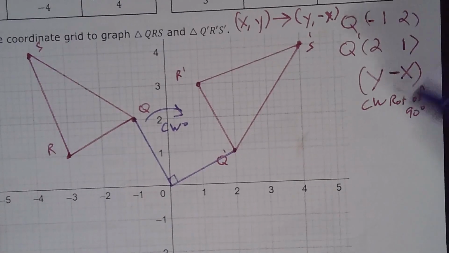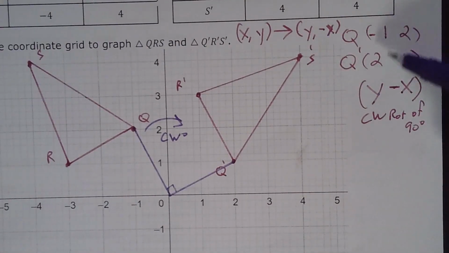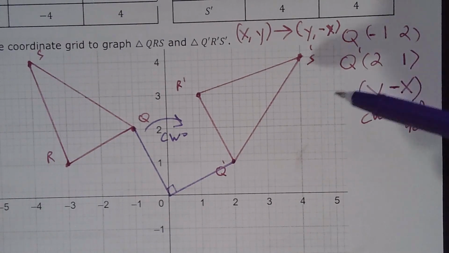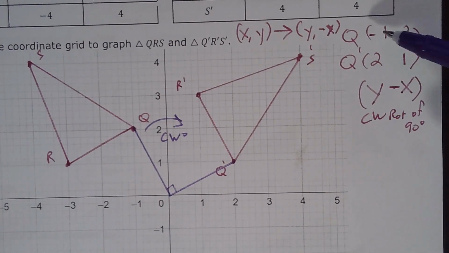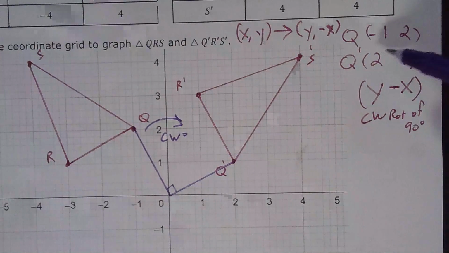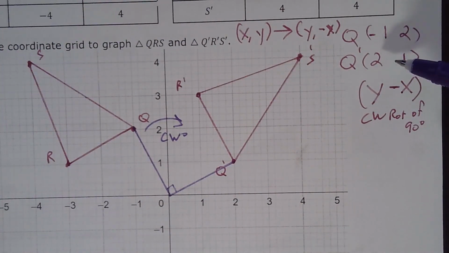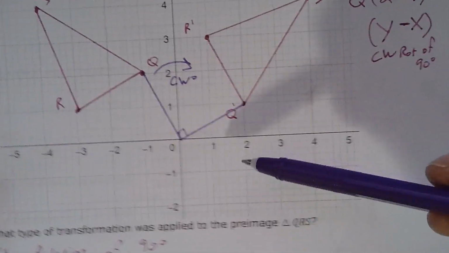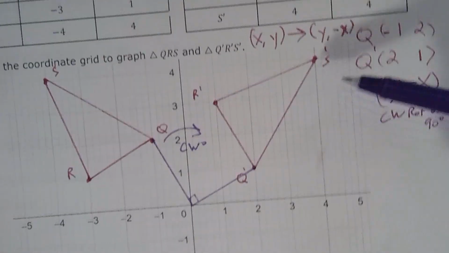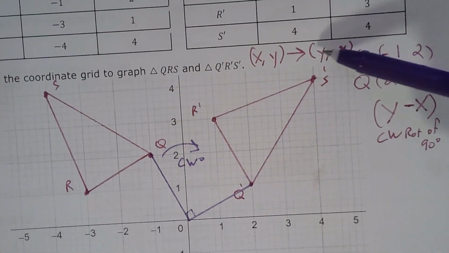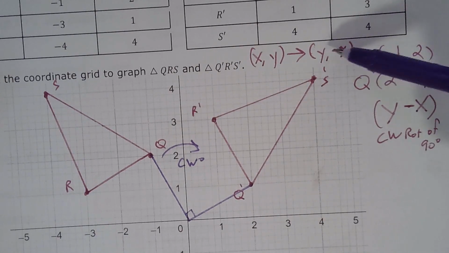I was able to figure that out using just a simple point comparison. When you do your point comparison, make sure the absolute values of your x and y are different. Otherwise, it's going to be more challenging. If your x's and your y's flop, and one of them is negative, it's a 90-degree rotation.